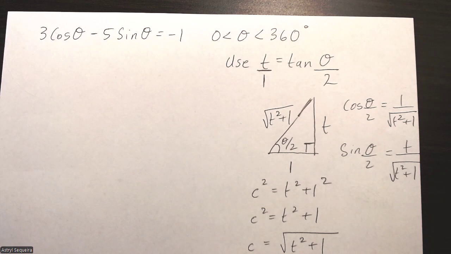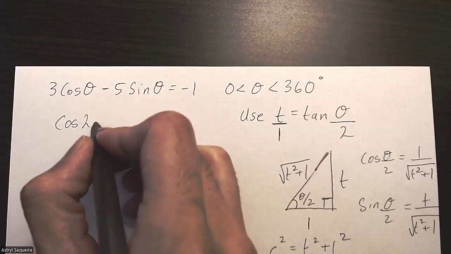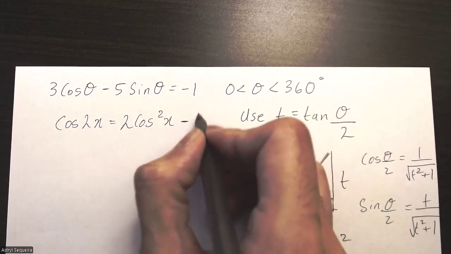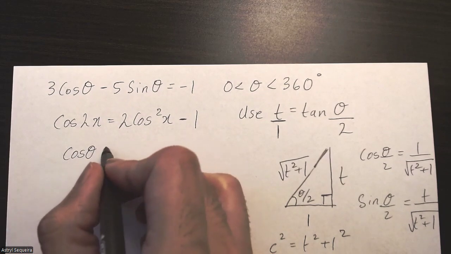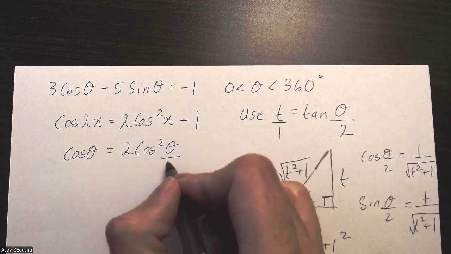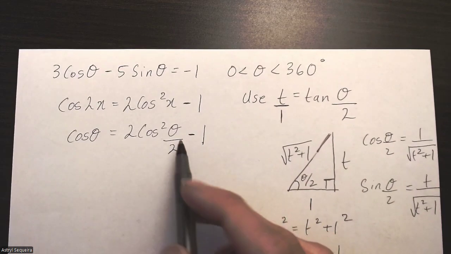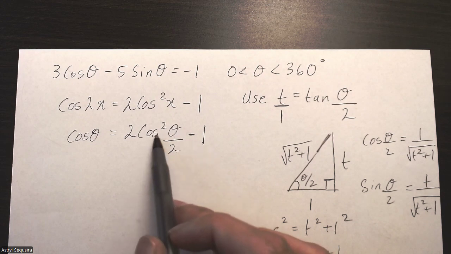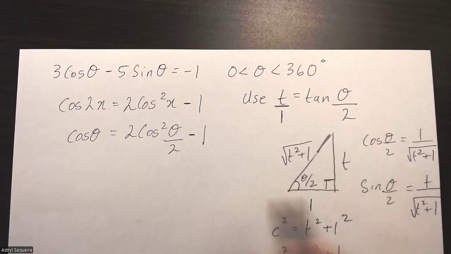For this one, I'm going to use the cos double angle formula, which is cos 2x equals 2 cos squared x minus 1, which means that cos theta is equal to 2 cos squared theta over 2 minus 1. I can replace cos of theta over 2 with this equation over here.